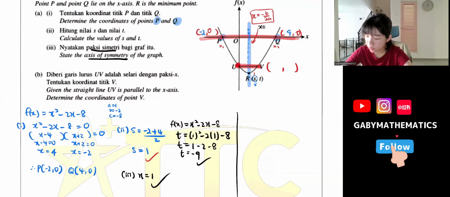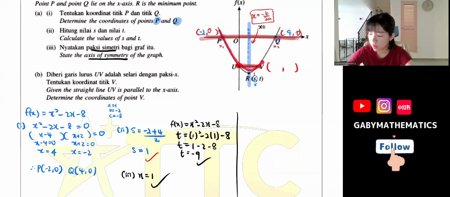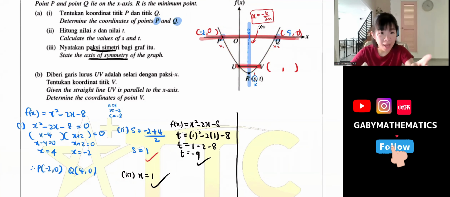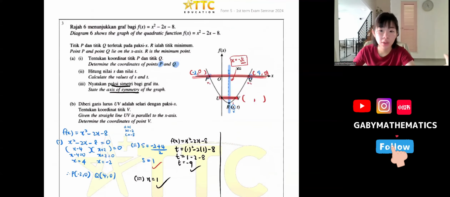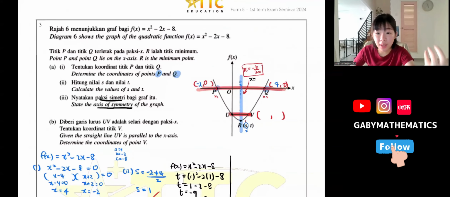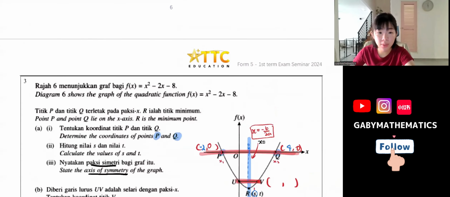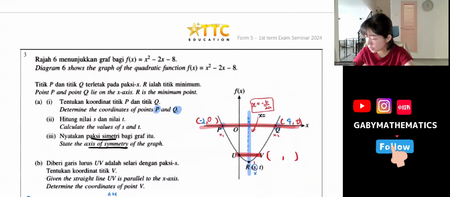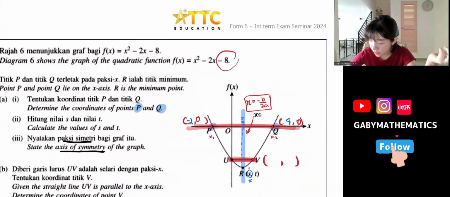This U is the intersection of the curve and the y-axis. What do we call this point? The intersection of the graph and the y-axis is called the y-intercept, pintasan y. And the y-intercept is how much? From here, the only thing we know about the y-intercept is from the function given here.